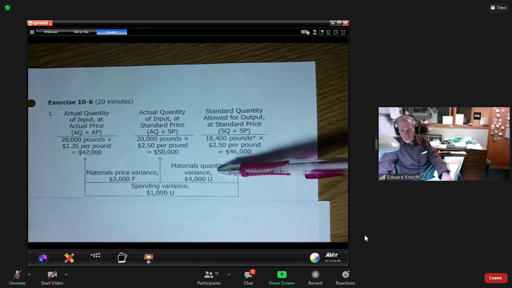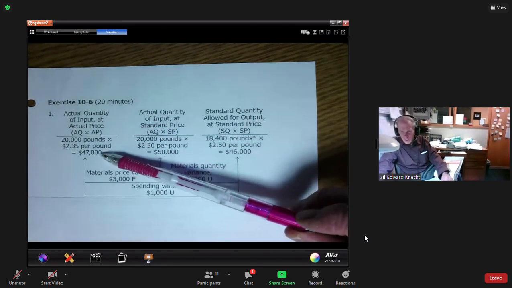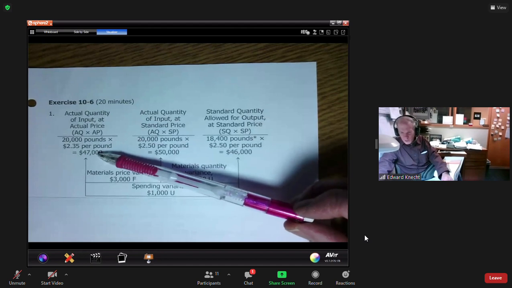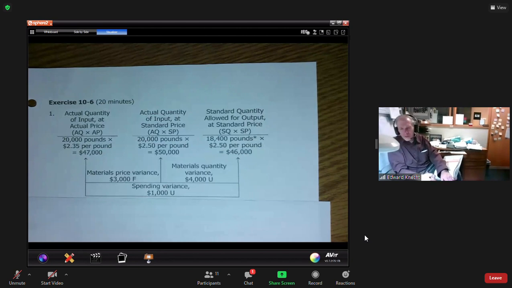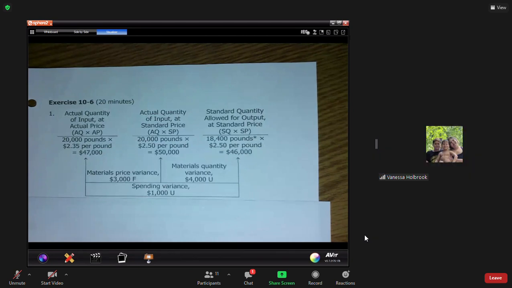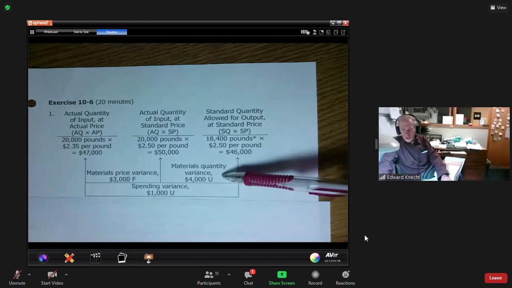Well, if that's the case, who is the person in charge of purchasing it? Why'd you buy it? Did you get a kickback for getting the $2.35, the lower quality material? Or do we have to go talk to the production manager? Why'd the workers use way too many pounds of materials?